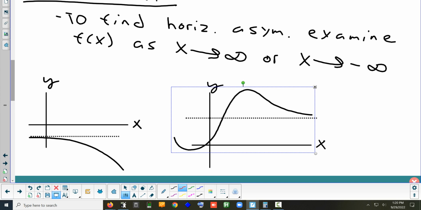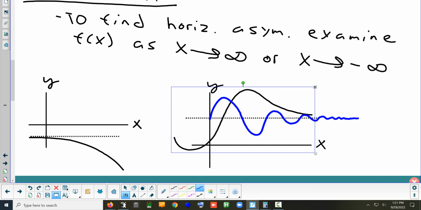In fact, even a graph that did this, that dotted line would be considered an asymptote. Because as I continue to head to the right, that graph in blue is oscillating, but it's oscillating closer and closer to the asymptote.